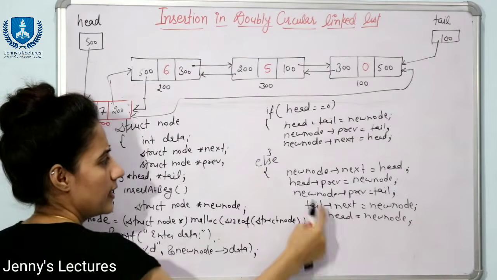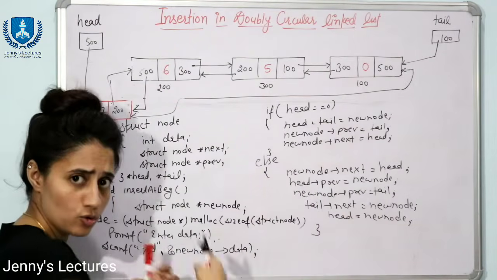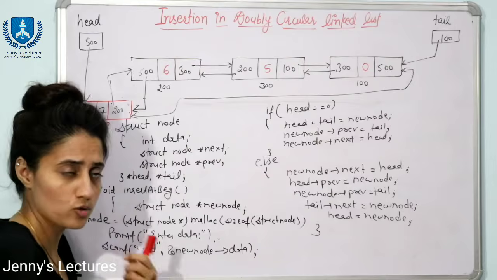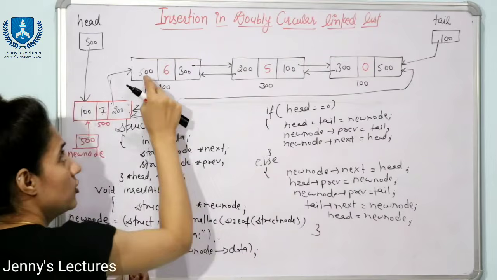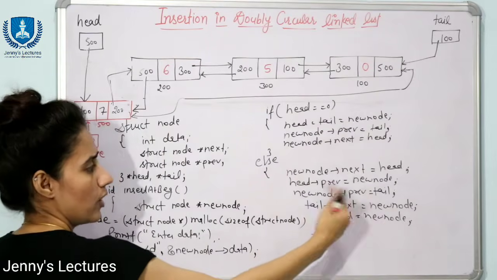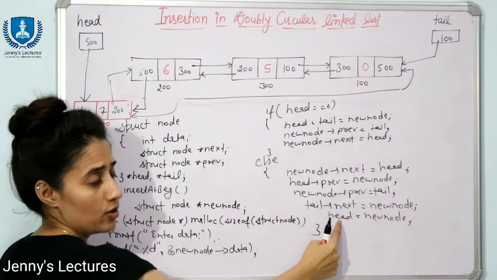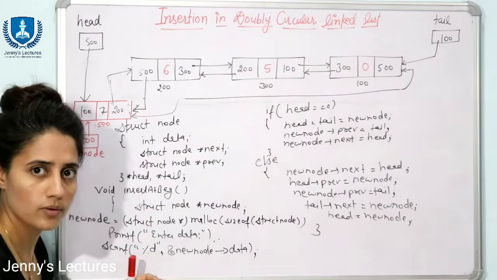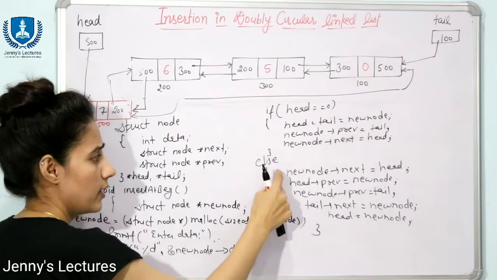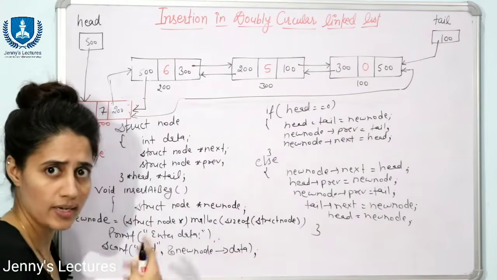So we cannot update head here. These points you have to take care. After updation of this thing, head previous is equal to new node, after that you can update head, head is equal to new node, right? But it is not compulsory that you will write all the lines in this order as I have written.